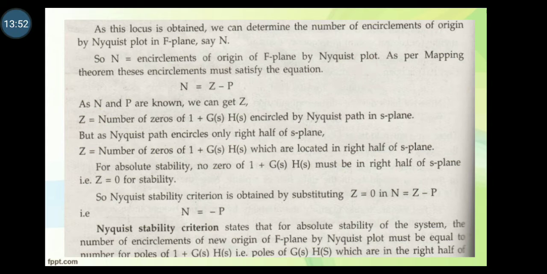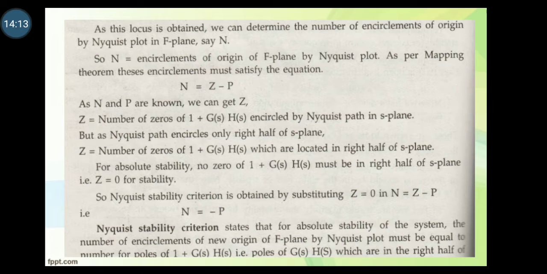According to the mapping theorem, these encirclements must satisfy the equation N equals Z minus P. Then, as N and P are known, we can get Z.